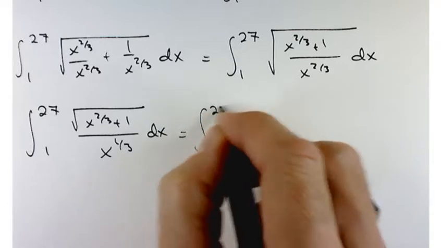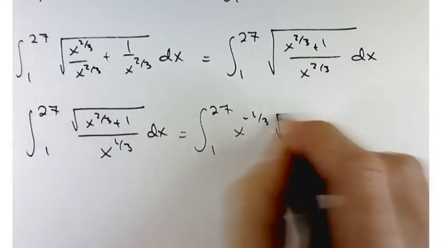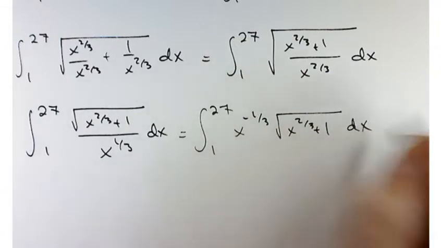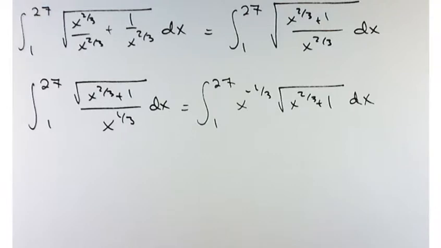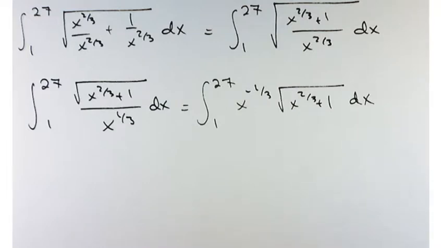The integral from 1 to 27, x to the negative 1/3, square root of x to the 2/3 plus 1 dx. It doesn't look like we've gotten far at all. We've done about 4 steps, and it feels like, gosh, where's this going? Well, in actuality, rewriting it like this has helped us out. We can now finish this up with stuff that you know.